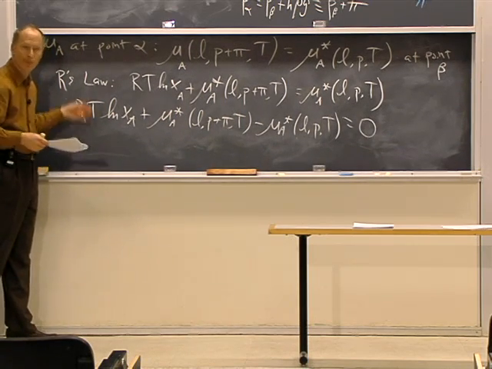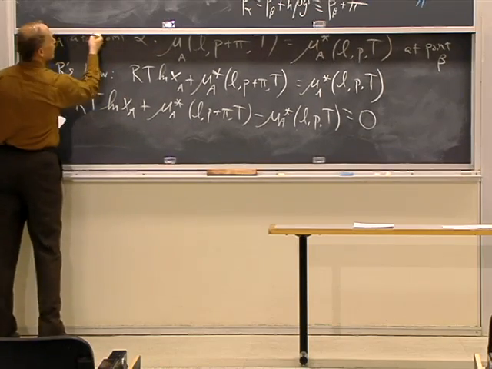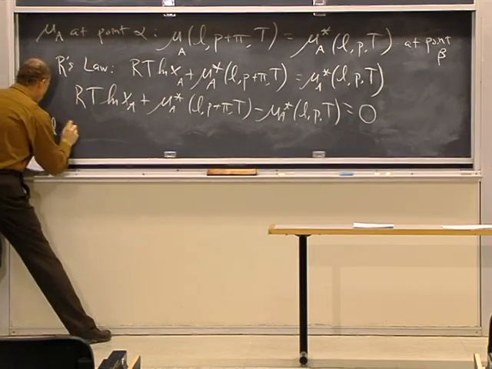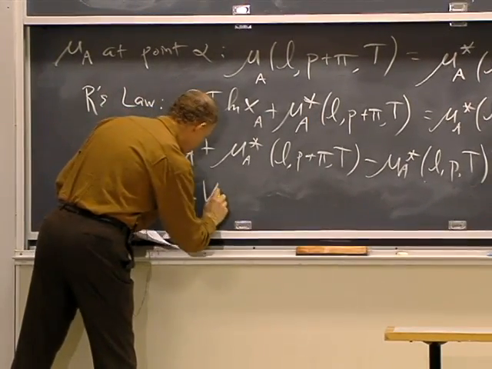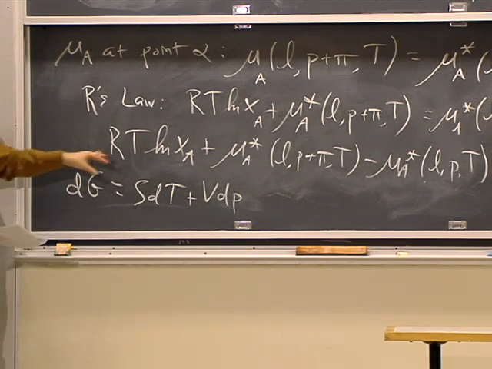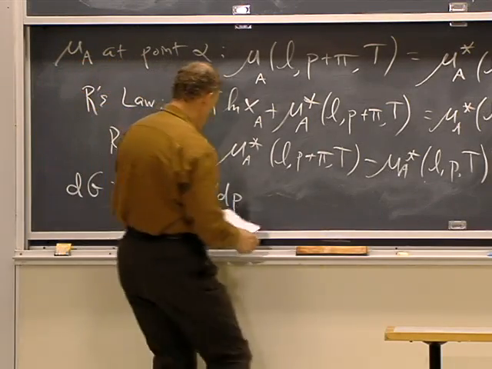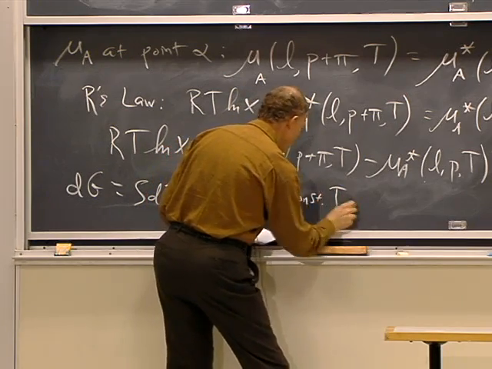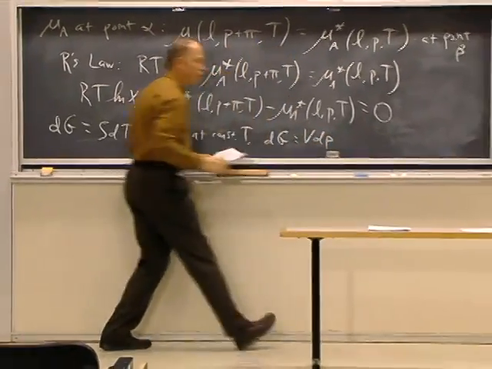Now we need the pressure dependence of the chemical potential, right? But we certainly have an expression for that. So we know that dG is S dT plus V dP. The temperature is the same on both sides, but we need to worry about what happens at different pressures. So at constant T, dG is V dP.